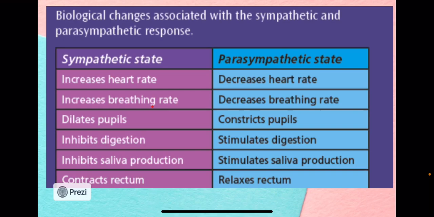Make sure you're aware of how the sympathetic and parasympathetic, the autonomic and somatic nervous systems link in with this idea of fight or flight and how they might come up in some exam questions. Although it doesn't specifically say it in the advanced information, it is something you should be aware of with regards to your revision. So have a little look over that and link that into the sympathetic and the parasympathetic state.